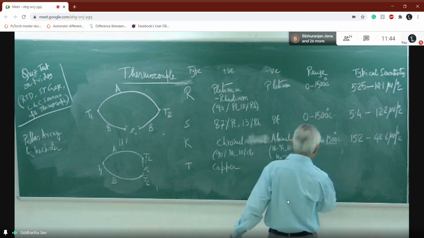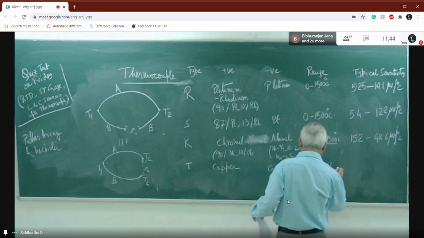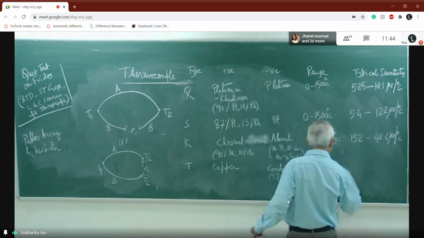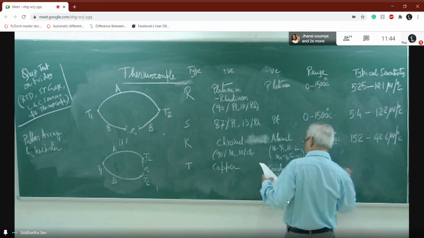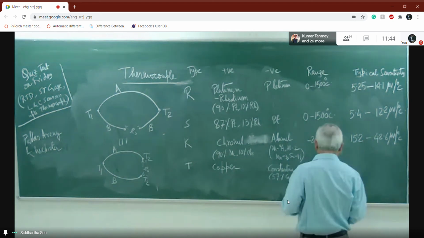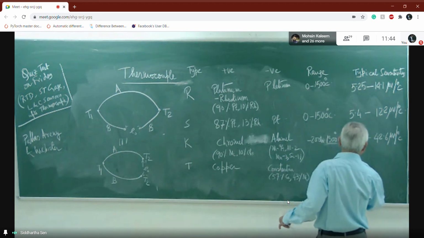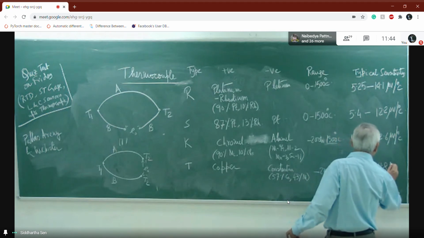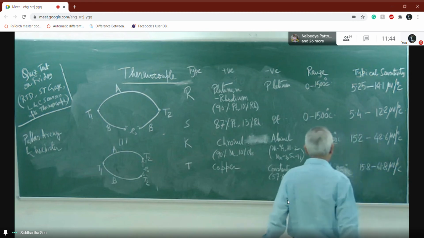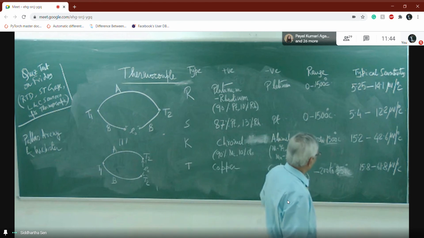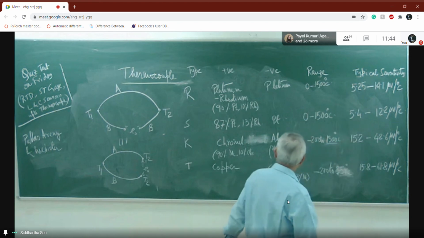This range is less, -200 to 350 degrees Celsius. And the typical sensitivity is 15.8 to 61.8 microvolt per degree Celsius. So the range is small, but the sensitivity can be higher.